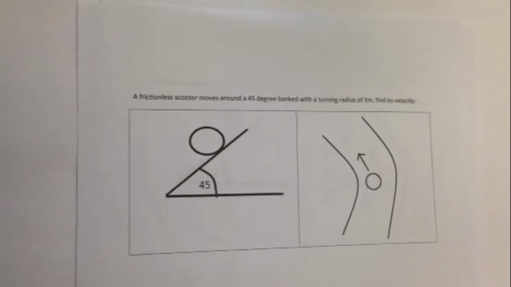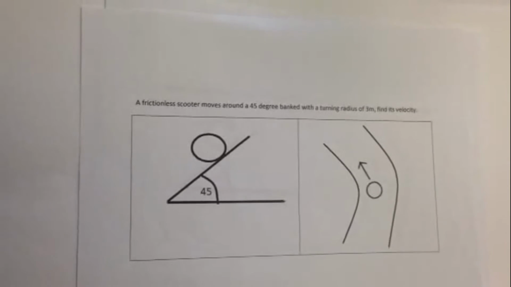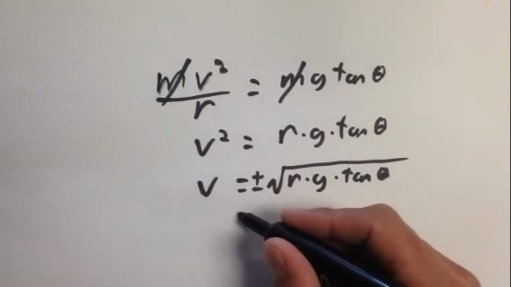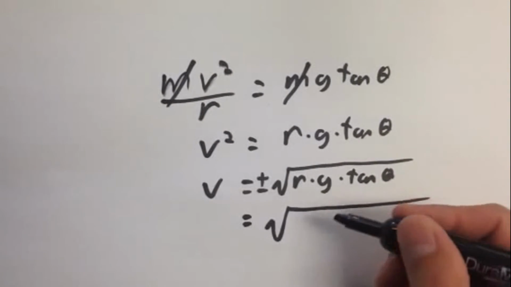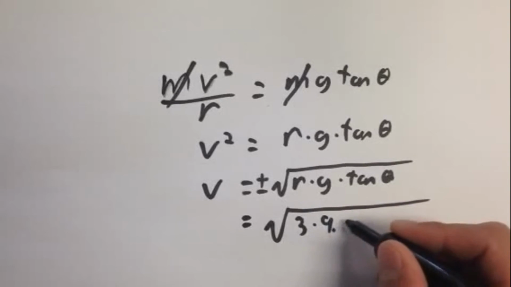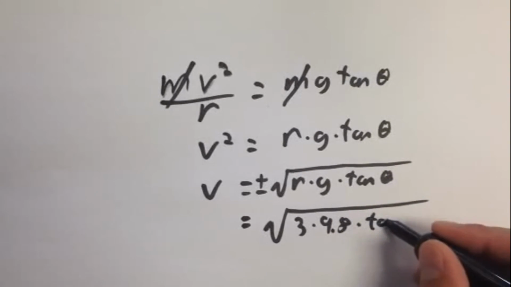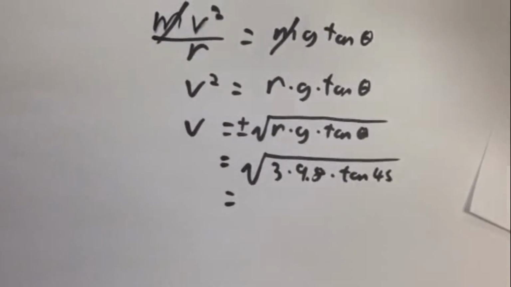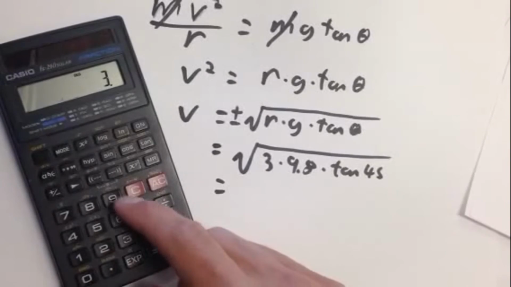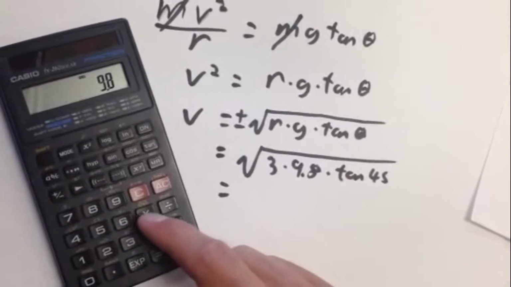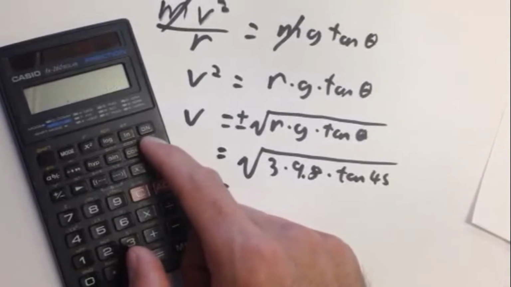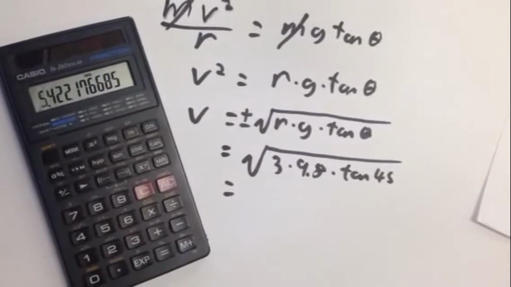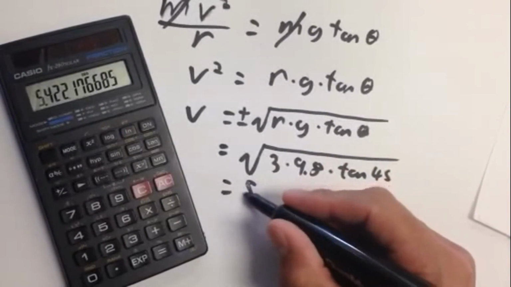And then looking back at our original question, theta is 45 degrees, r is 3 meters, and g, because we're on the Earth, is 9.8 meters per second squared. So that makes this the square root of 3 times 9.8 times the tan of 45, which is 5.4 meters per second.